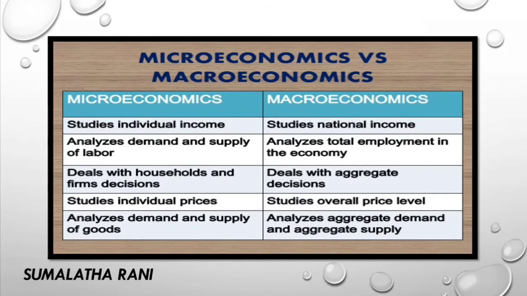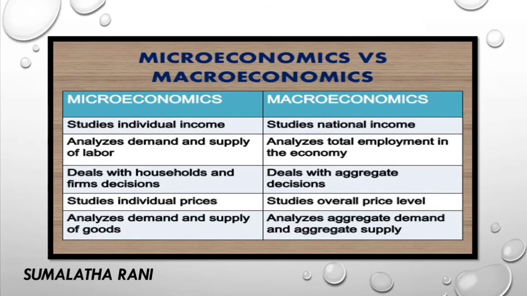Microeconomics analyzes demand and supply of labor, whereas macro analyzes total employment in the economy. Microeconomics deals with households and firm decisions, whereas macro deals with aggregate decisions.